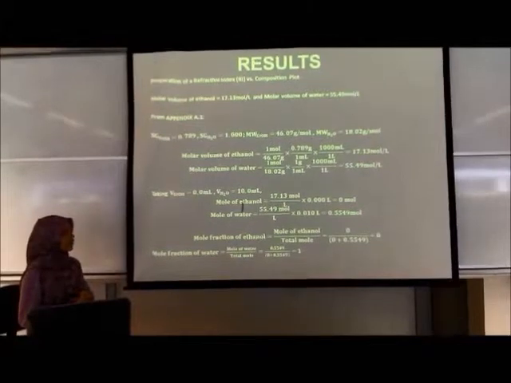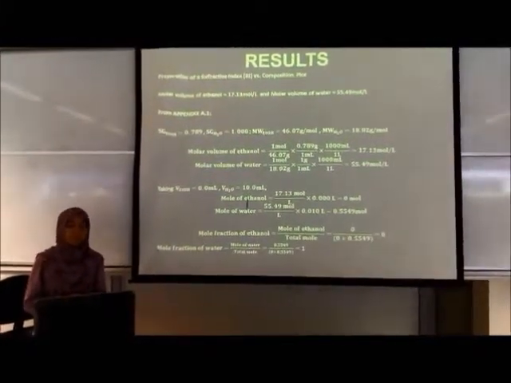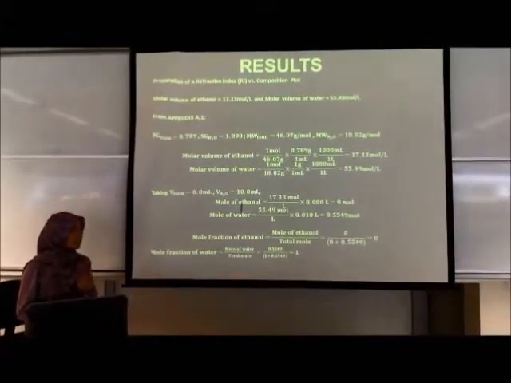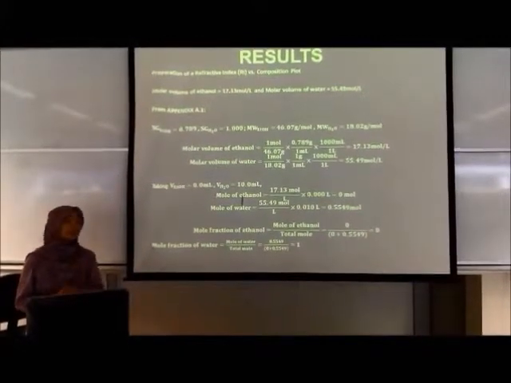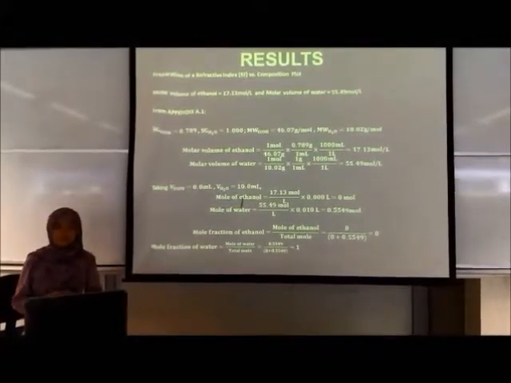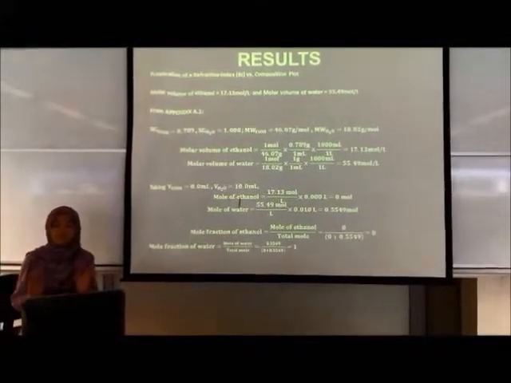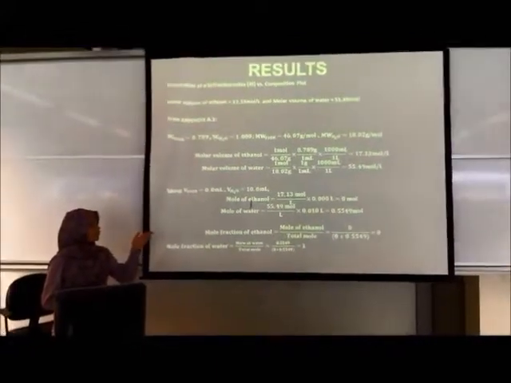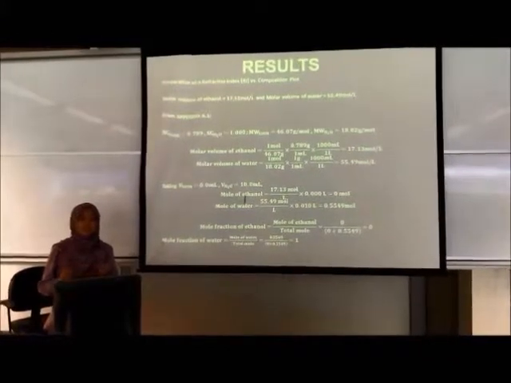Now, to get the moles of ethanol and water in a specific sample, we need to calculate how much ethanol and water are in that sample. Let's say we take the first sample, which has an ethanol volume of 0 milliliters and a water volume of 10 milliliters in the solution. We use the formula: number of moles equals the molar volume times the volume.